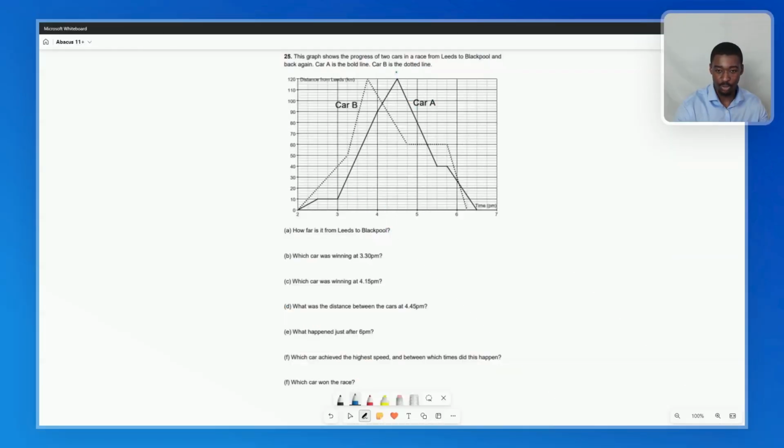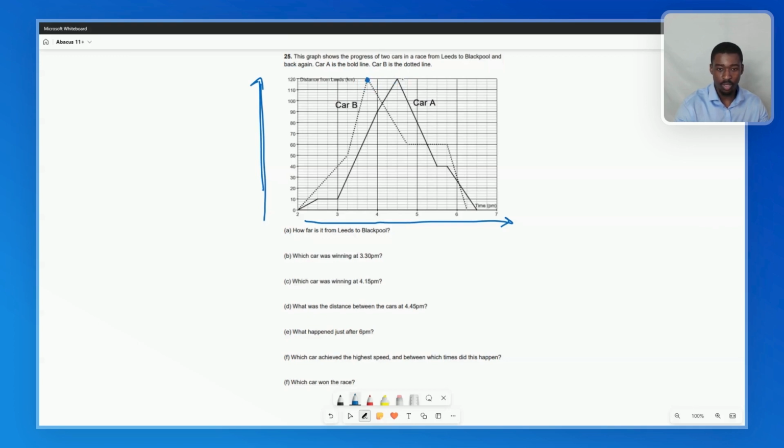Now for this next question, we're shown some information on two cars racing from Leeds to Blackpool and back again, based on this line graph. So part A, how far is it from Leeds to Blackpool? Well, here we have on the x-axis time and on the y-axis distance. So if they're going from Leeds to Blackpool and then back to Leeds, then this turning point should represent when they've reached Blackpool.